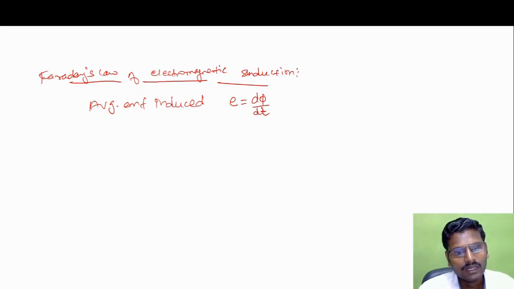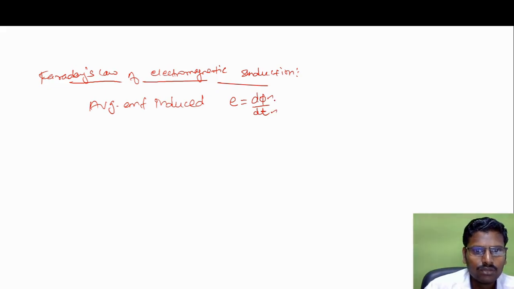Here phi represents flux and t represents time, right? So the flux will always vary with respect to time t. The flux phi occurs due to the field winding or main winding and due to the armature winding, right?